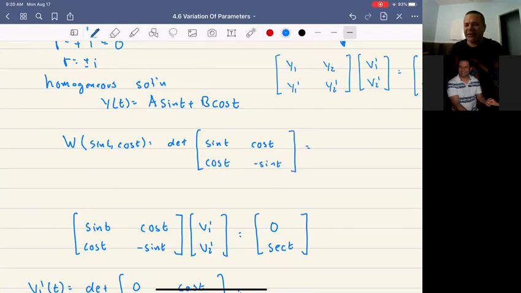That's just going to be negative sine squared minus cosine squared. So that's just going to be -1.